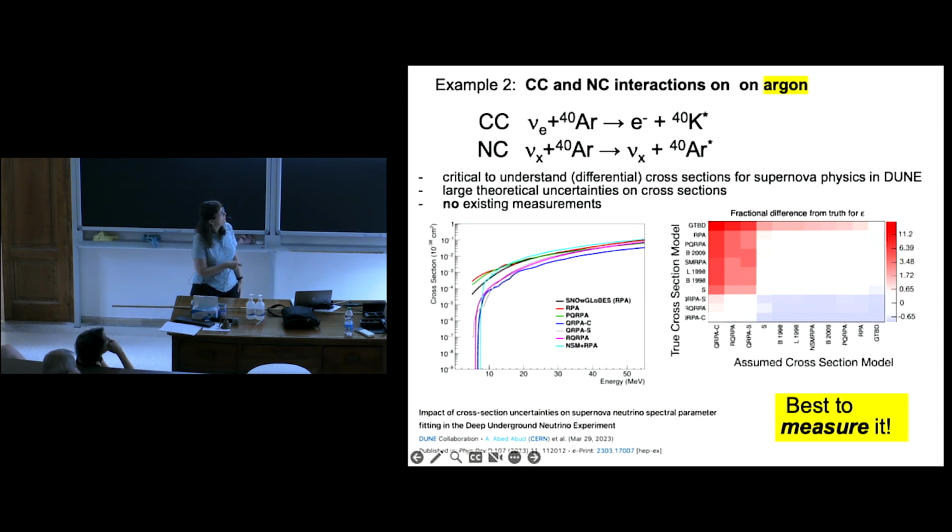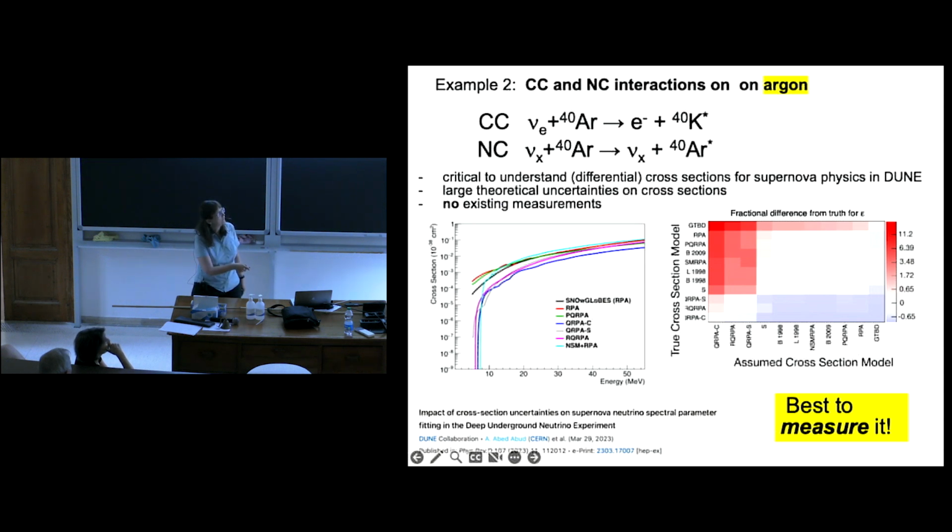If you look in the literature for calculations of what this cross section is, some of them may be better than others, but they basically vary over an order of magnitude. There's a huge range of these cross sections, and that's because the nuclear physics is not that simple.